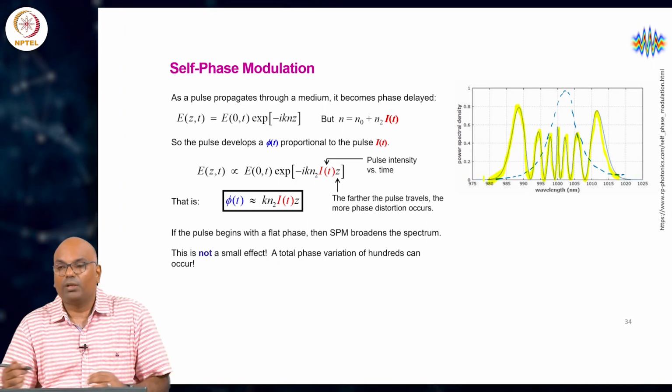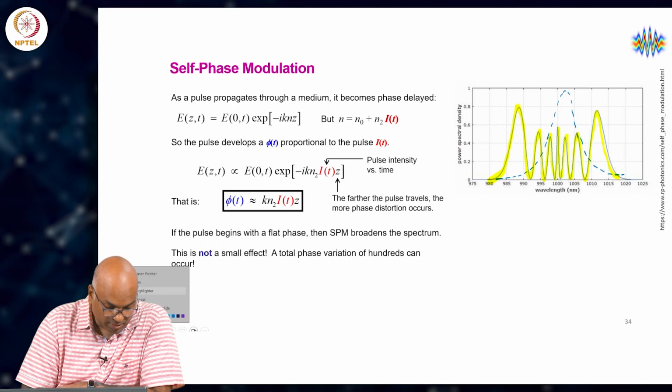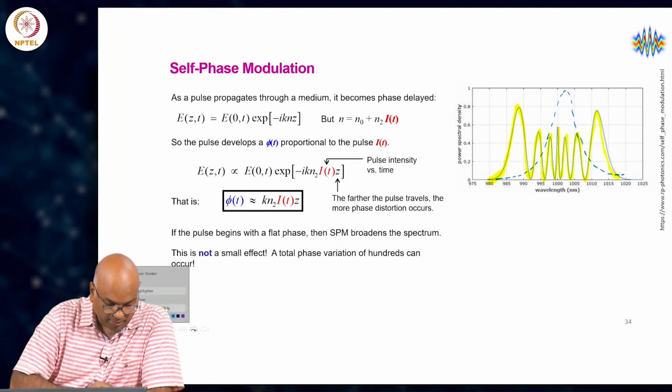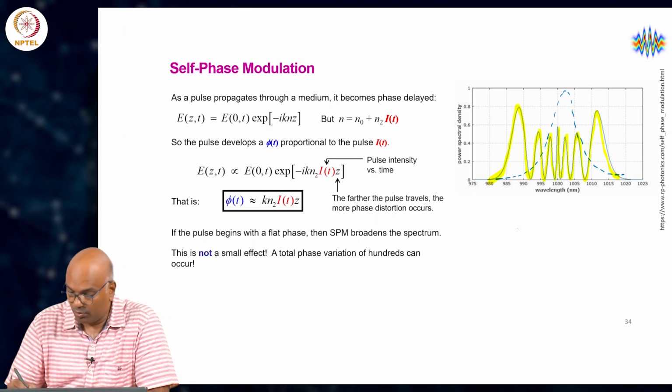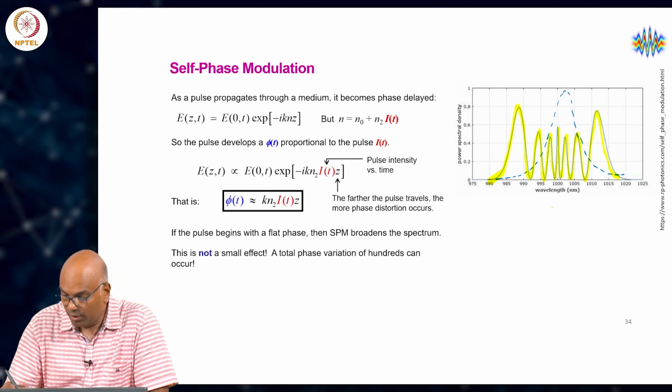So, this is the consequence of self phase modulation. Why the fringes come about? We discussed this in an earlier lecture too. I can illustrate that through a simple graphic argument.